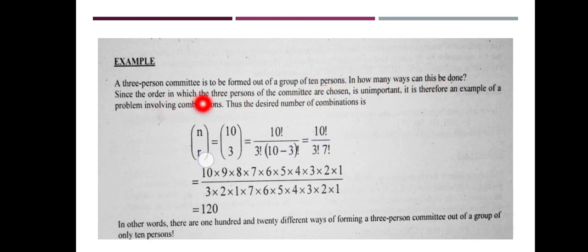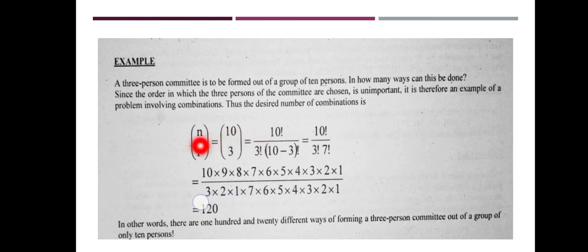Since the order in which the three persons of the committee are chosen is unimportant, it is therefore an example of a problem involving combinations. Thus, the desired number of combinations is nCr. Out of 10 persons, we have to select 3 persons, and the order is unimportant.